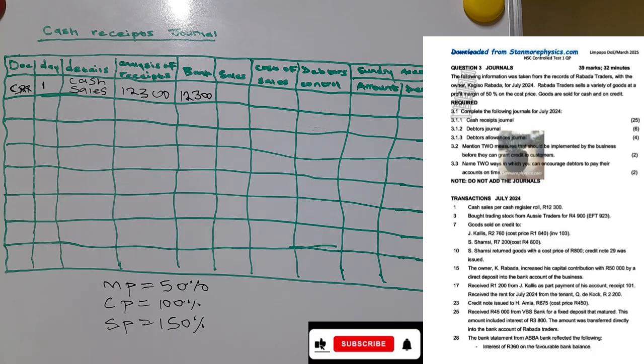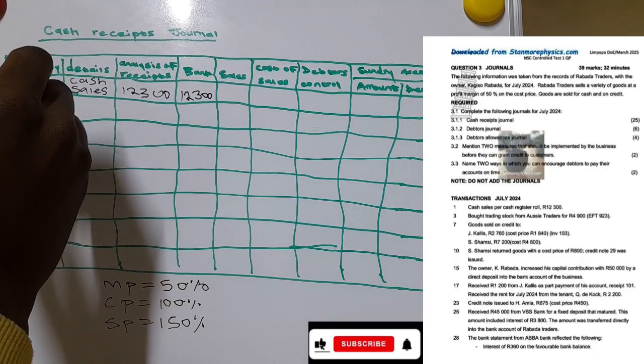So this one is going to affect cash receipts generally, since the owner K Rabada decided to contribute 50,000 into the business. So for this one, our document number is going to be the bank statement.